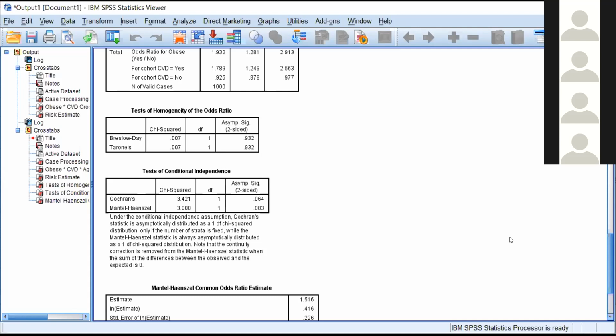We know what this one is looking at. It is comparing the crude odds ratio we got and the Mantel-Haenszel odds ratio. We want to see whether there is any difference between them.